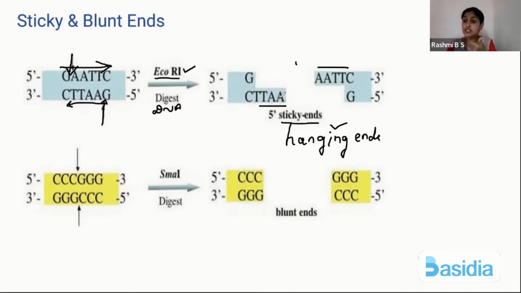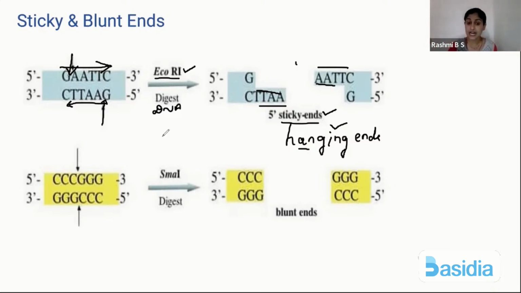If the ends of those fragments are hanging, can you see here, it's hanging here, right? If you get this kind of hanging ends, then the ends are called sticky ends. These two are sticky ends, overhanging.